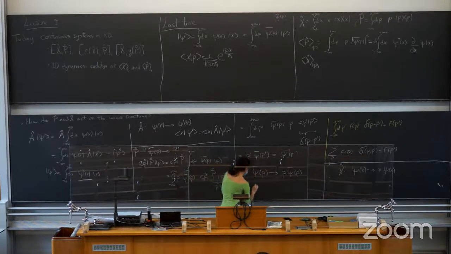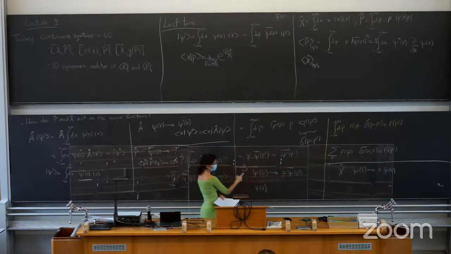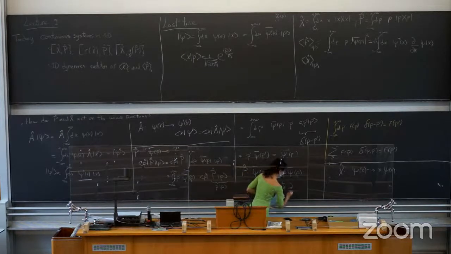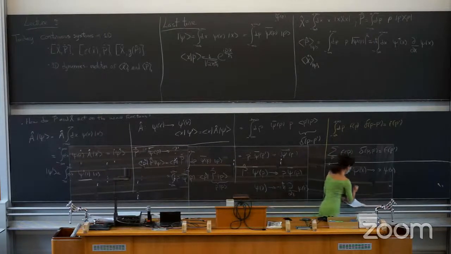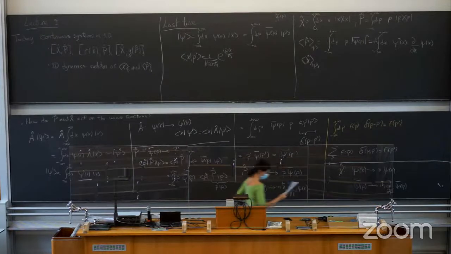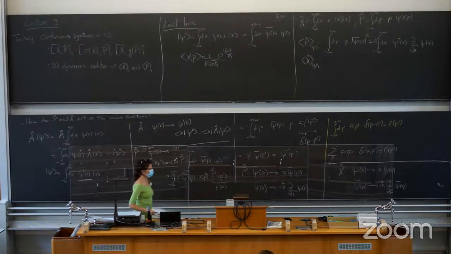So if instead of seeing how p acts on the momentum wave function, you want to see how it acts on the position wave function, then it took it to, and I hope I get the signs right, x of psi of x. And here the same thing without the minus sign. Okay. So this is kind of revision.